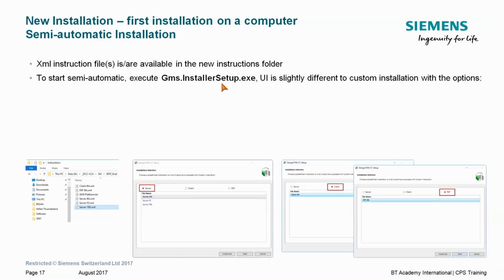The moment the installer wizard detects an XML instructions file in the folder, the user interface layout changes slightly, so it will detect all the files which are available for server installation, or for client installation, or for FEP installation.